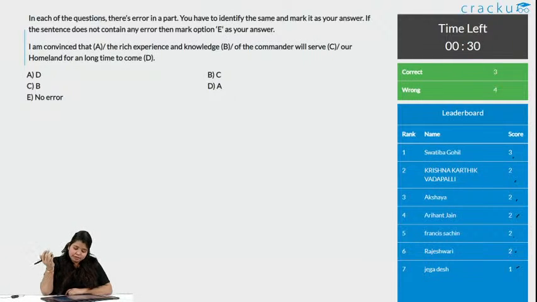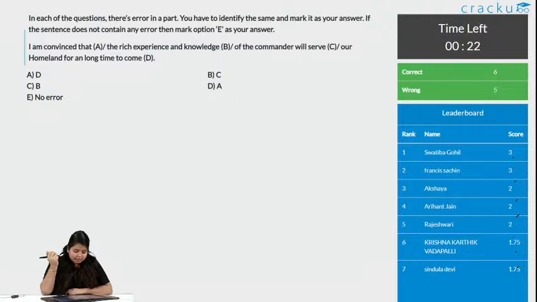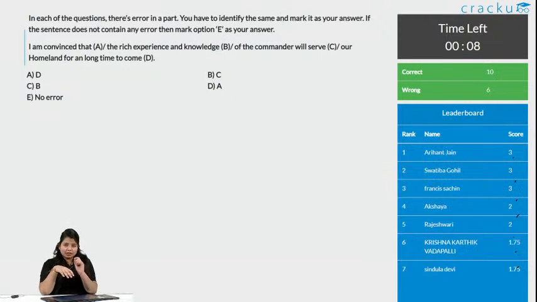Okay, 3 people got this correct and 4 wrong till now. Okay, this is not a tough question, it's very easy. You just need to see a minute thing that is wrong here.